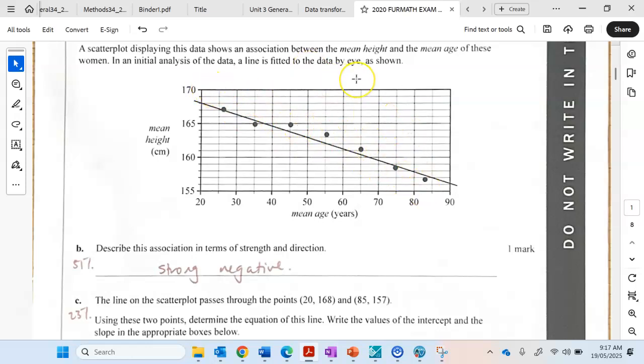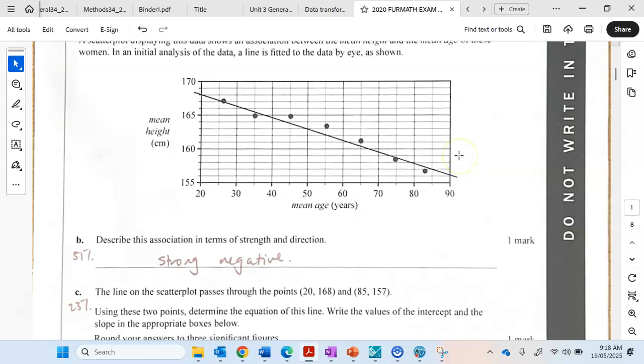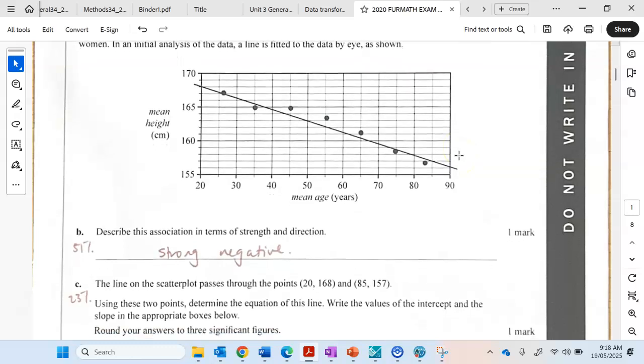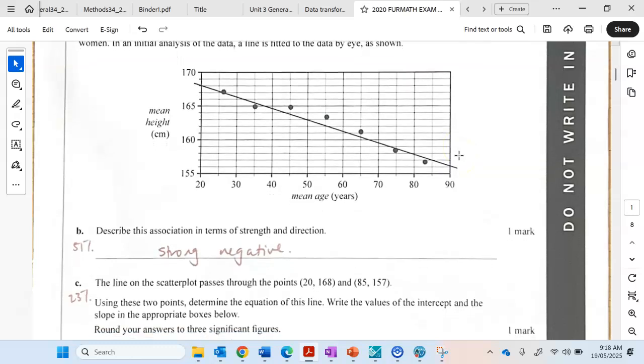It is not necessarily the least squares regression line, it's just a line that's fitted to the data by eye. Describe this association in terms of strength and direction. We've only got 2 things, so we just need 2 answers, and we don't have to put them in a sentence, just the 2 words. So the strength, it's clearly strong. It's forming a pretty straight line and it's going down, so it's negative.